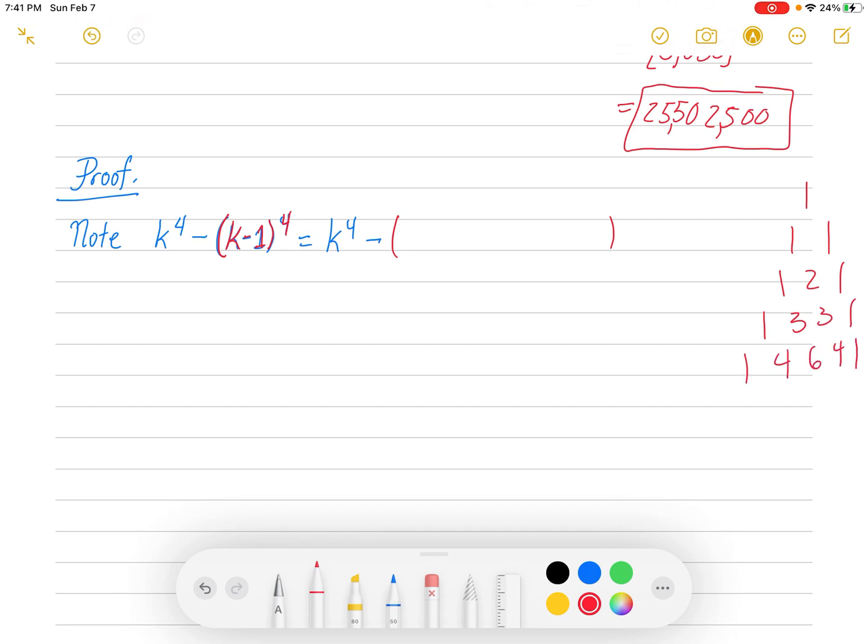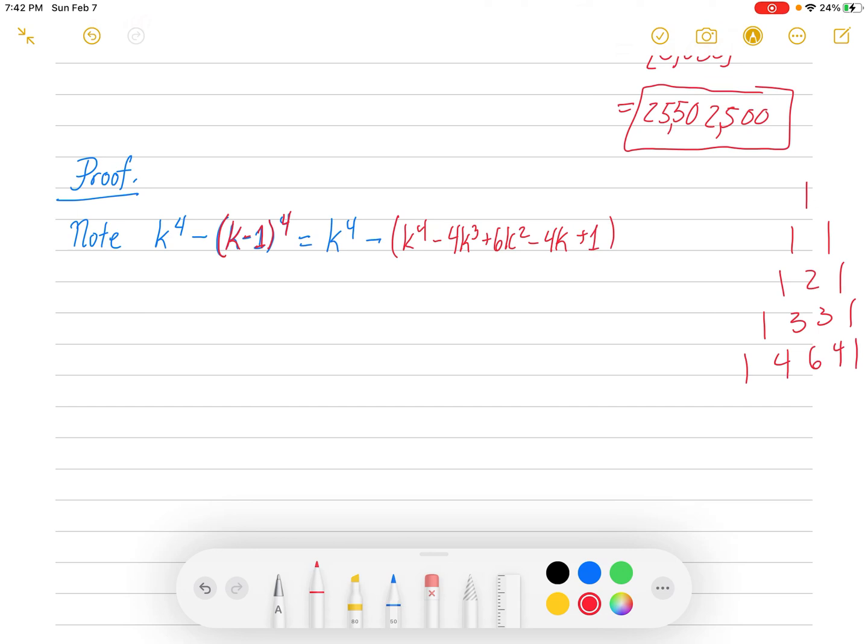We have a fourth degree expansion of this binomial. I'm going to start with k to the 4th, and then minus 4k cubed, and then plus 6k squared, and then minus 4k, and then plus 1.